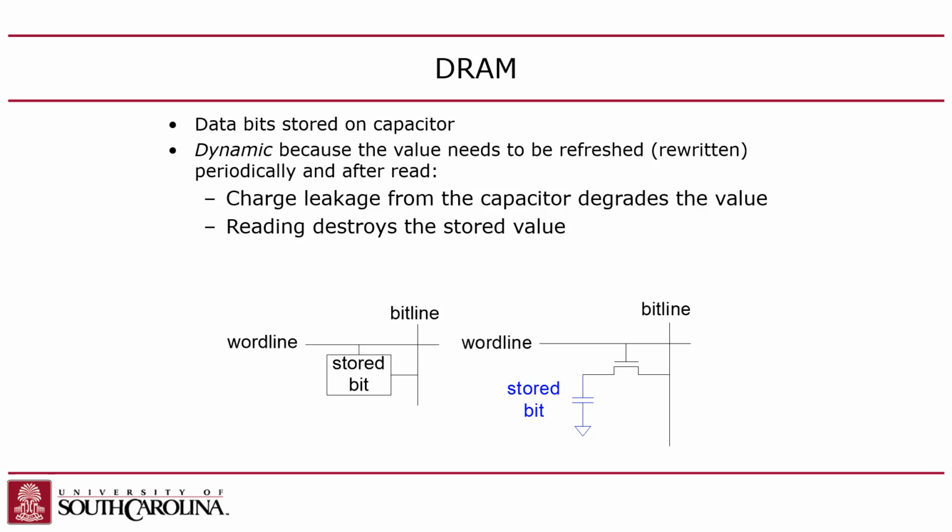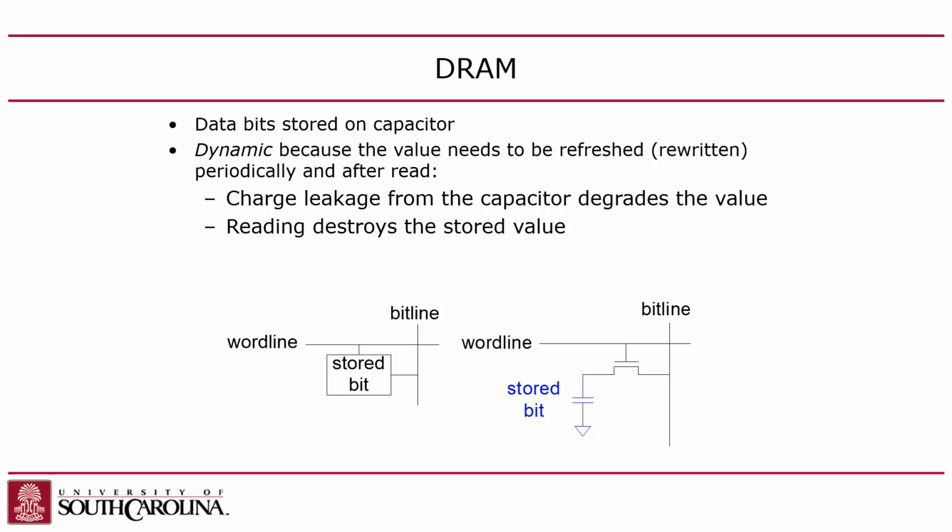Assuming the word line is active, if the bit line is grounded or set to VDD, it'll charge or discharge that capacitor. And that stores a bit, right? So every cell is just one transistor, one capacitor. That's how DRAM fundamentally works, right?